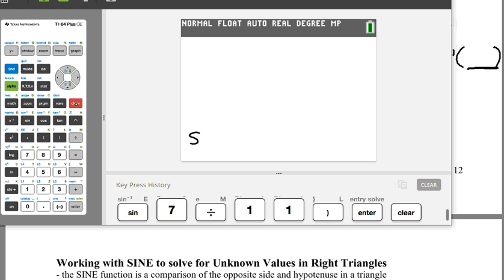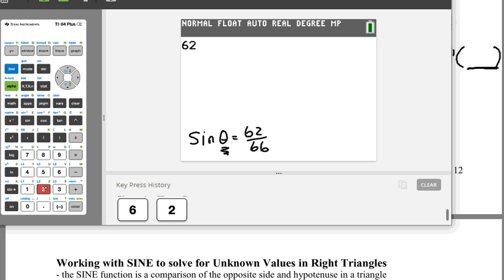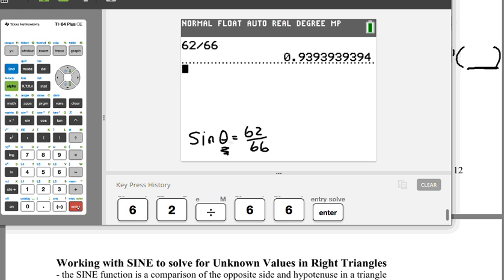So in this case, it was sine theta 62 over 66, trying to find the angle. Well, the first possibility is 62 divided by 66. Well, this could be exactly the same as sine theta as the decimal. 0 decimal 9393 and so on.